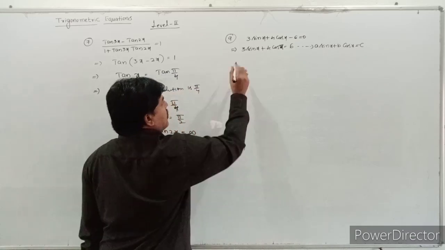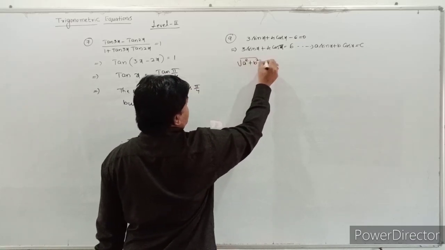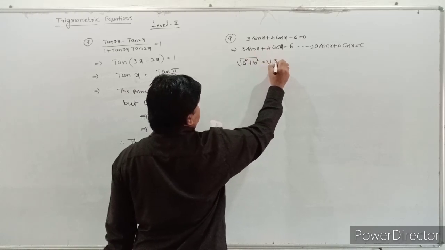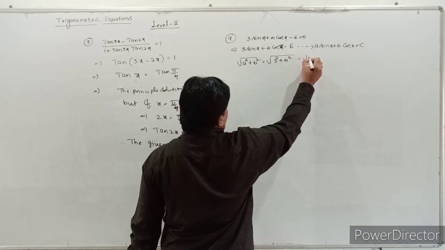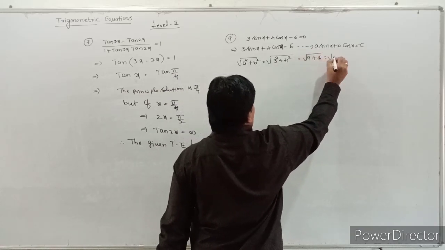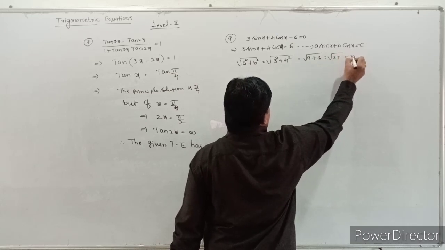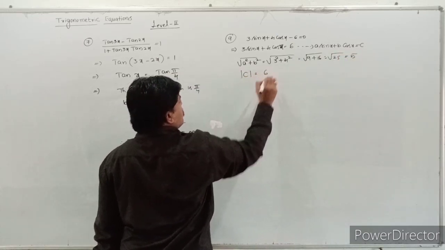First we have to observe root of a square plus b square. What is root of a square plus b square? It is root of 3 square plus 4 square, that is root 9 plus 16, that is root 25, and that value is 5. But mod c is equal to 6.